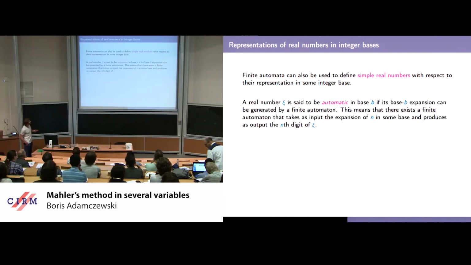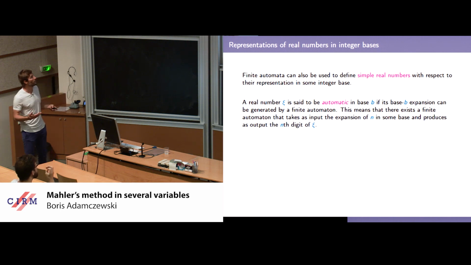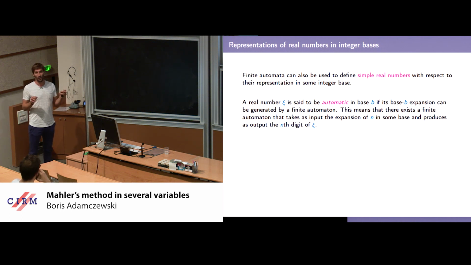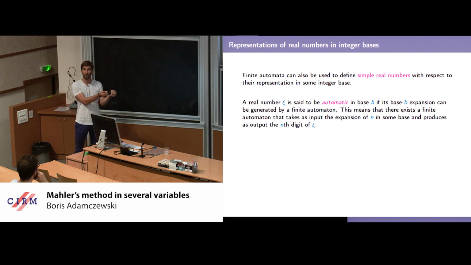We will say that a real number psi is automatic in base B if its base B expansion can be generated by a finite state machine. By generating, we mean that we choose another base and we feed the machine with the integer n written in this base, and then the machine will output the nth digit of our number.